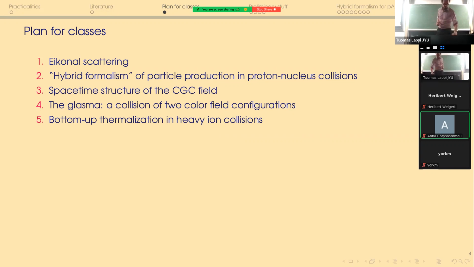So let's first start, to simplify our life, with a classical abelian gauge field, A_mu, which depends on x. There are different versions of the eikonal.